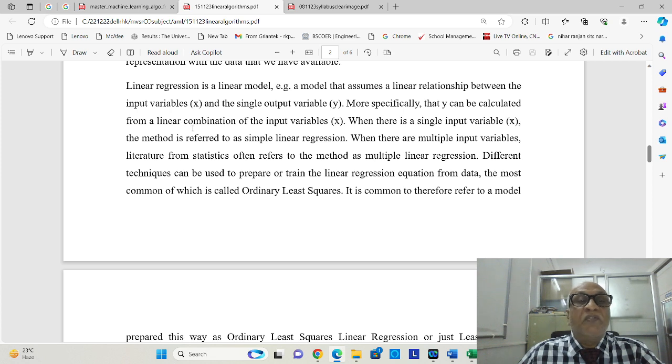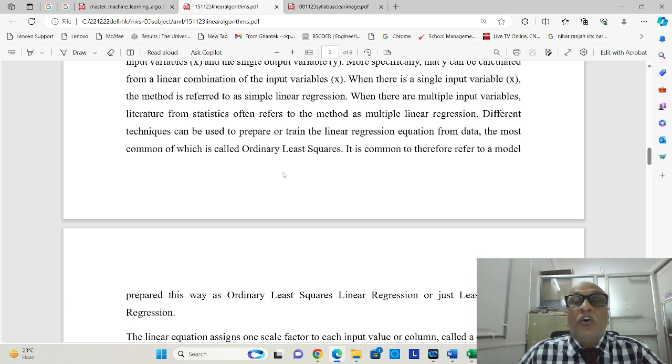The output variable y can be calculated from a linear combination of input variable x. If you have only one input variable x, then it is called a simple linear regression. If you have multiple variables of x, values of x, then it will be called as multiple linear regression. To prepare this linear regression model, the most common method used is the ordinary least squares method.